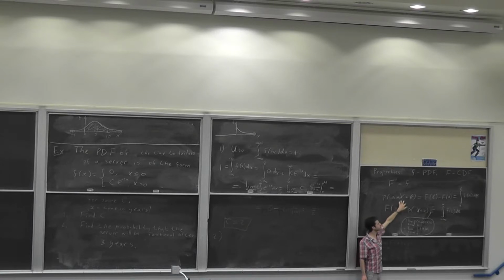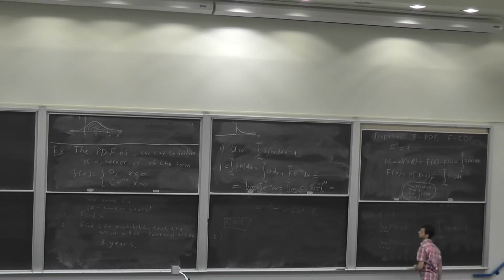I want to find the probability that my variable is larger than 3, and smaller or equal than, well, nothing, infinity. So this probability should be the integral of my function from 3 all the way to infinity. I don't want to restrict the upper limit.